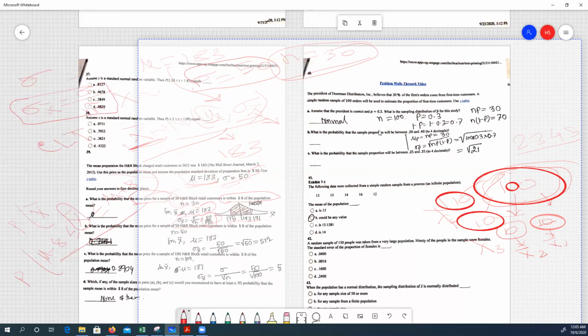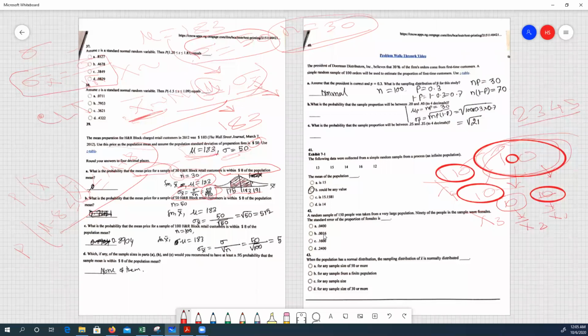Okay. So in the case of proportion, the sampling distribution will be p bar or p tilde. This is actually a normal distribution with mean mu p bar and standard deviation sigma p bar. In this case, we do not know the mean, right?